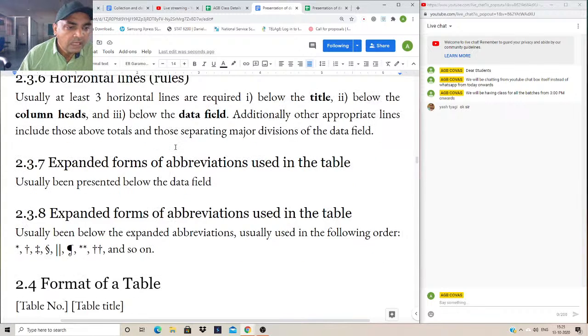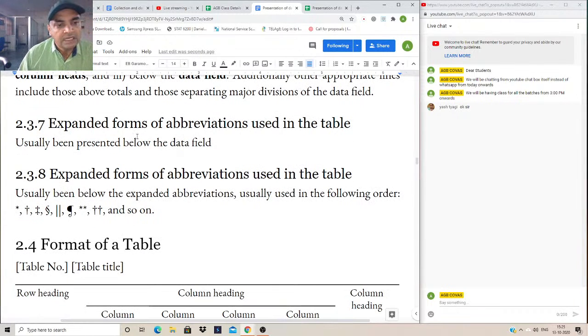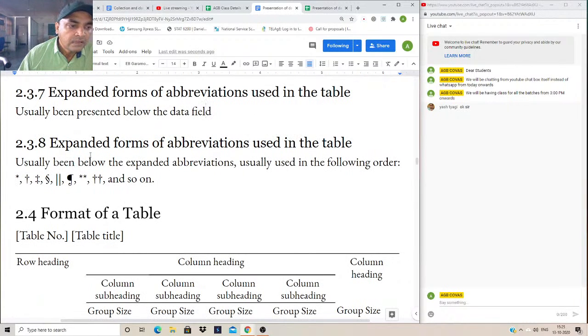Now, another component of a table is the expanded form of the abbreviations used in a table. It is usually presented below the data field. Once the table is over and all the data has been presented, we provide the expanded form of the abbreviations.